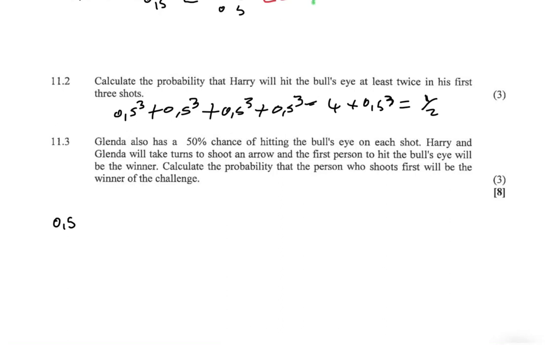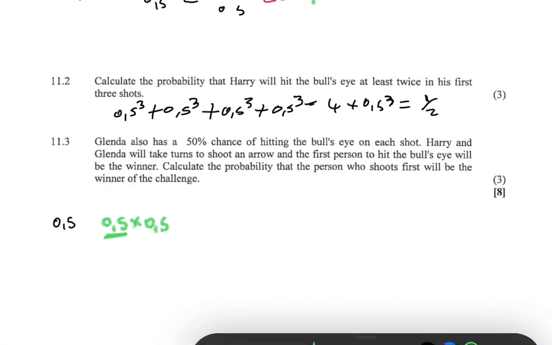But Glenda needs Maguire to miss his shot first, and then she multiplies that by the probability of her hitting the bullseye. I hope that makes sense, because in order for Glenda to take that shot, Maguire has to miss first, hence this 0.5 here.